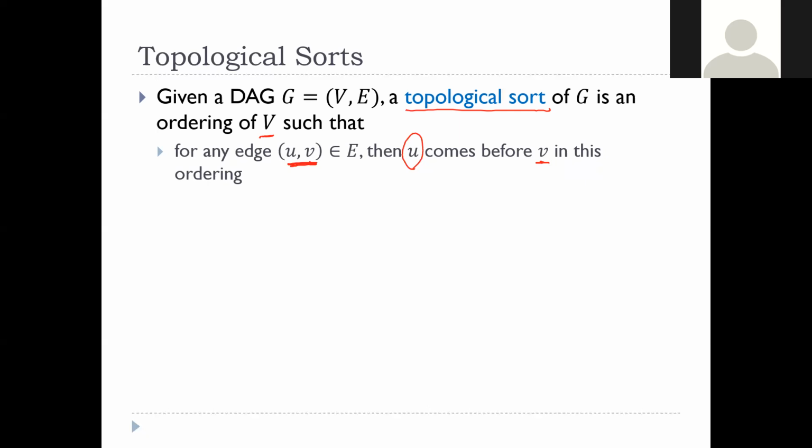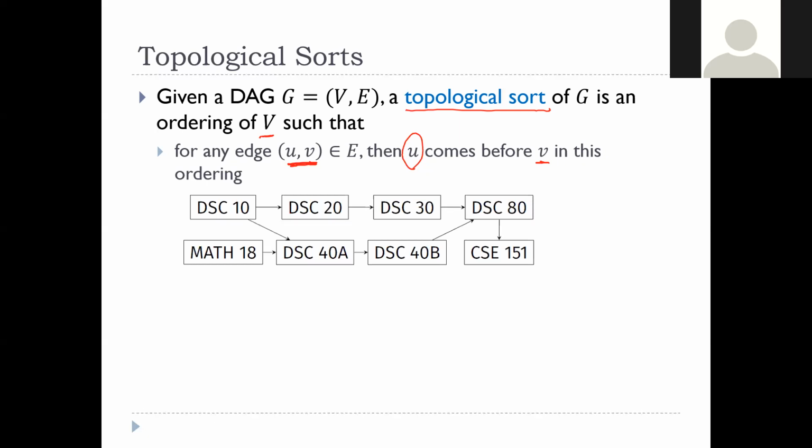One way to think about this, using this example, is that I'm looking for a linear ordering of all these nodes, so that when you draw these edges in this linear ordering, the edge is always going forward.